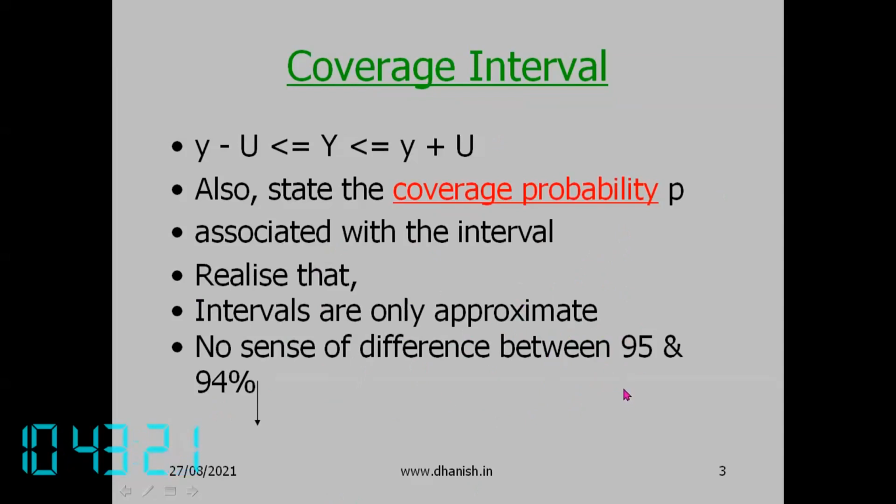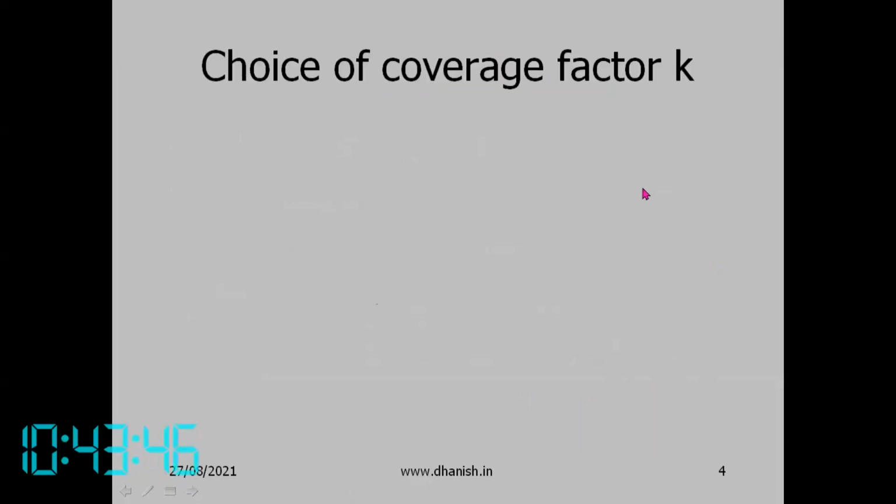Because many times we take, for 95%, it should be 1.96 times S by root 10. But many times instead we take 2, then it is actually 95.45%. But that is all just nitpicking. It doesn't matter. Practically all are equivalent, is what the standard says. There's no practical difference between 95 and 94%.